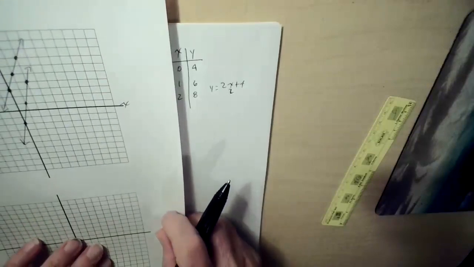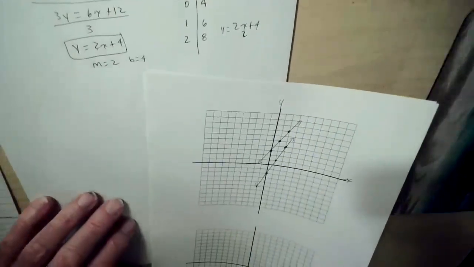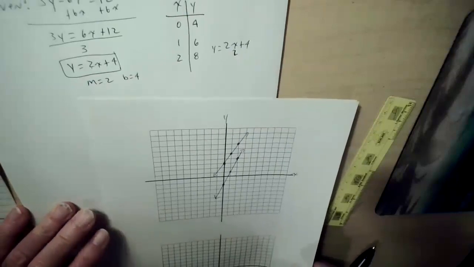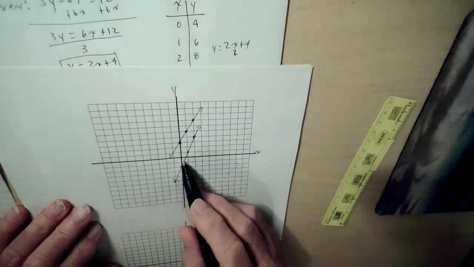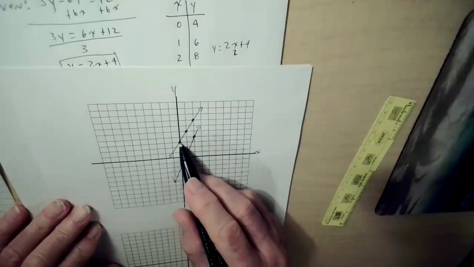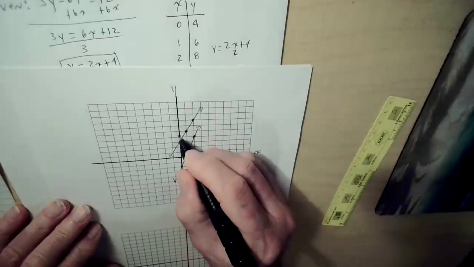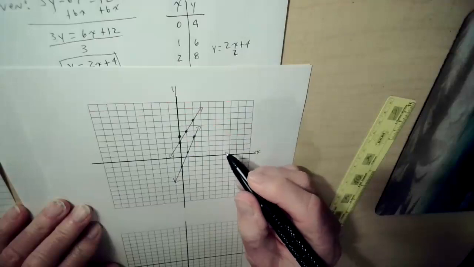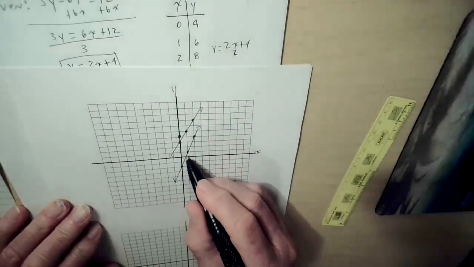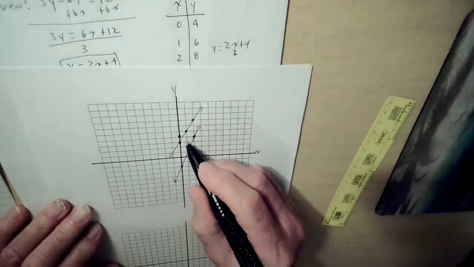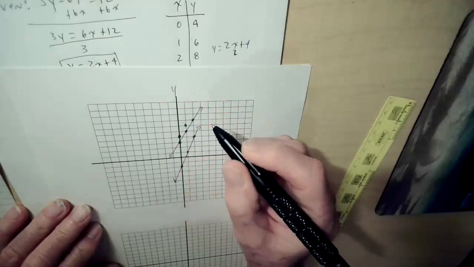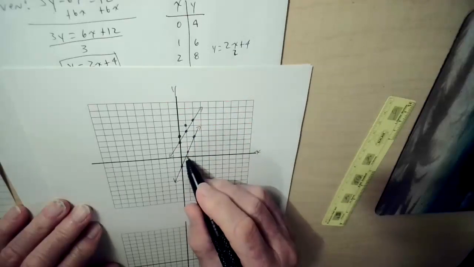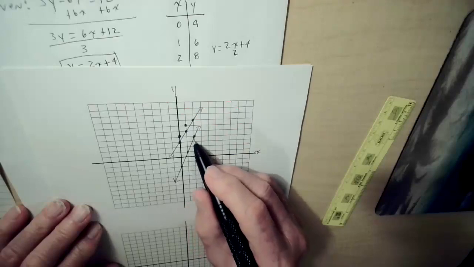Okay, so we have these coordinates. 0, 4 is 1, 2, 3, 4. 1, 6 to the right 1 and up 1, 2, 3, 4, 5, 6.